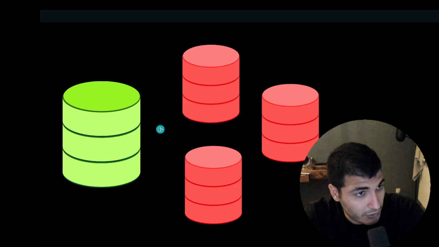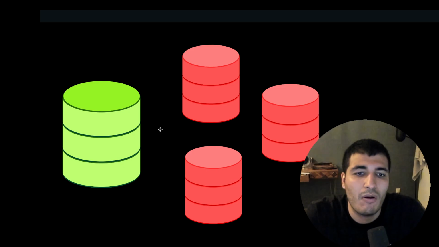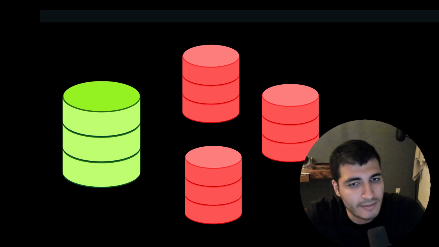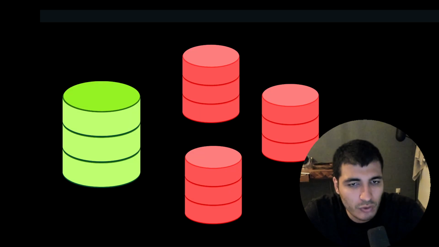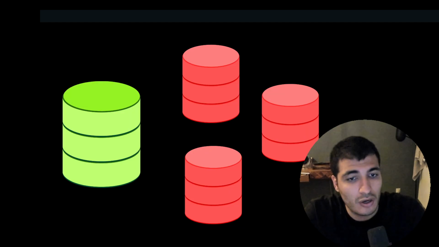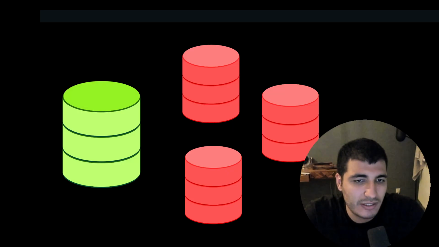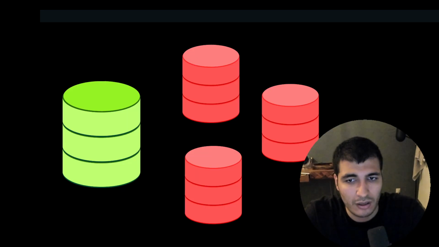Next, sharding. Sharding, also known as data partitioning, is a horizontal scaling technique where you break down your massive database into smaller, more manageable chunks called shards. Each shard is essentially an independent database containing a subset of your total data.